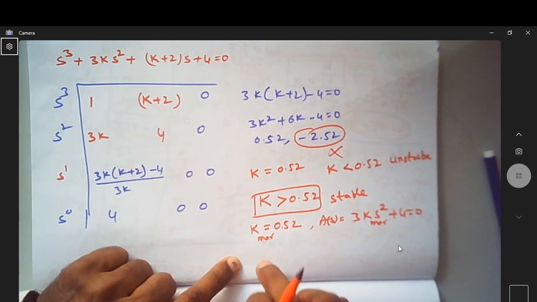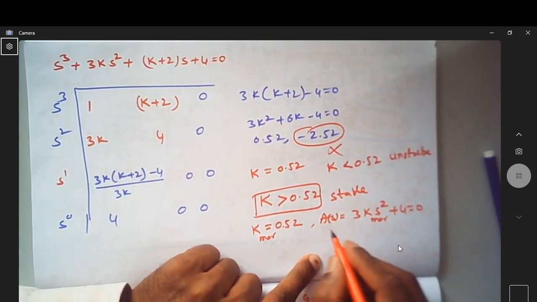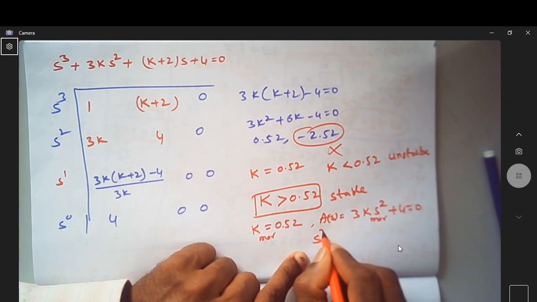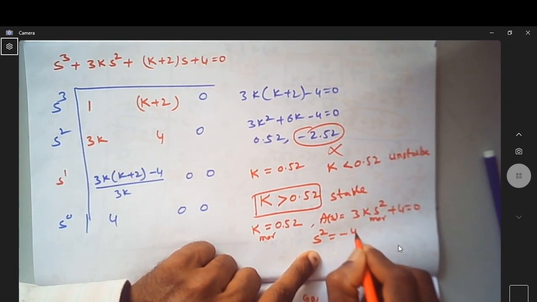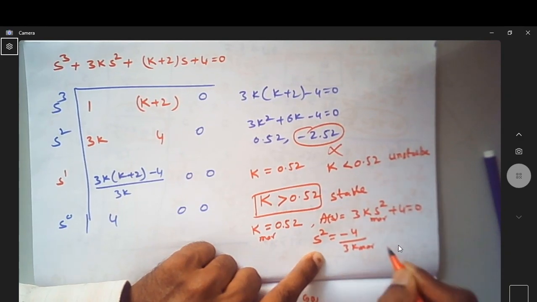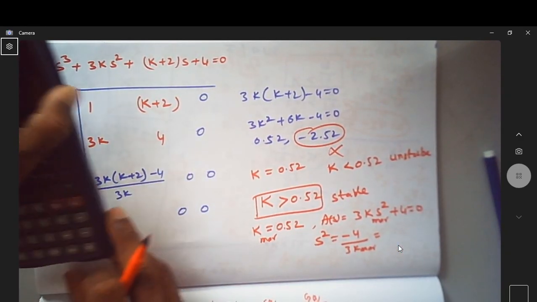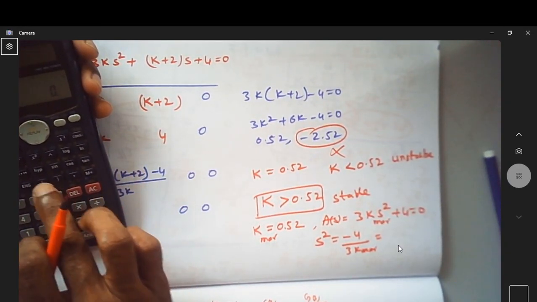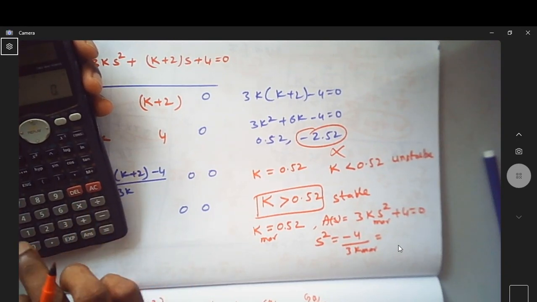That is a marginally stable or oscillatory system. So now what is s square? s square is equal to minus 4 divided by 3 k margin. So what is this now? Is it not minus 4 divided by 3 into 0.52?